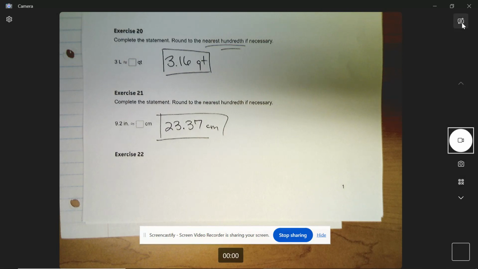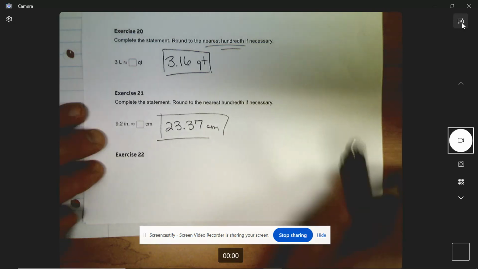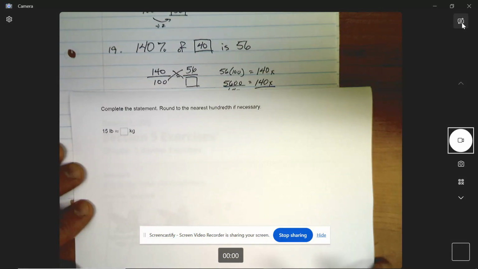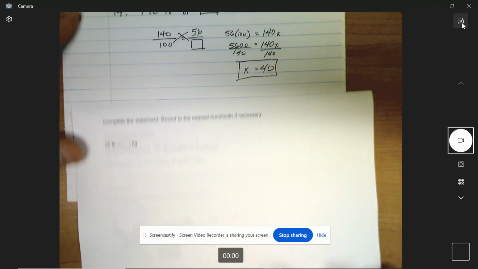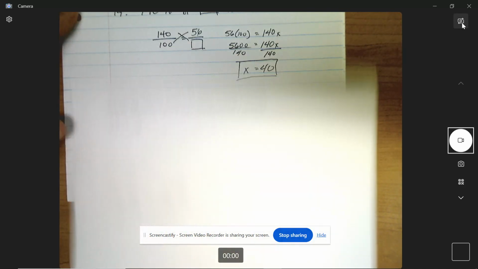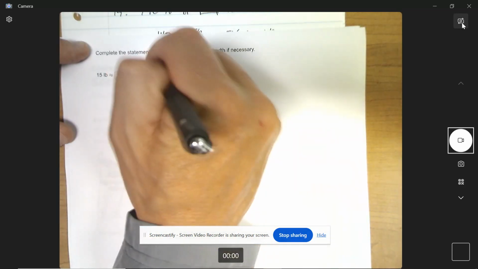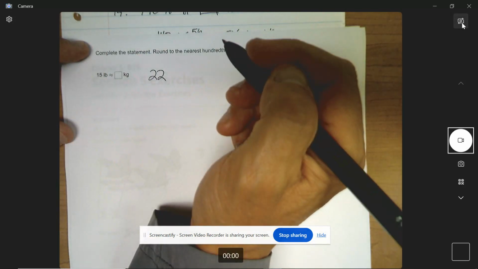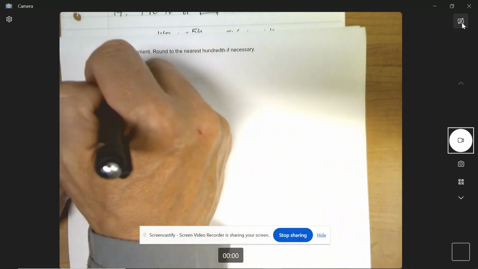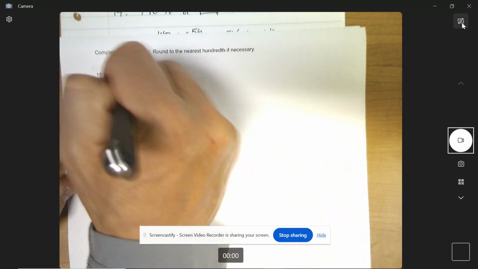And then for 22, they're asking about pounds and kilograms. So for number 20, what are we going to get? Is it 22? No, sorry. The number 22 is 6.75 kilograms.